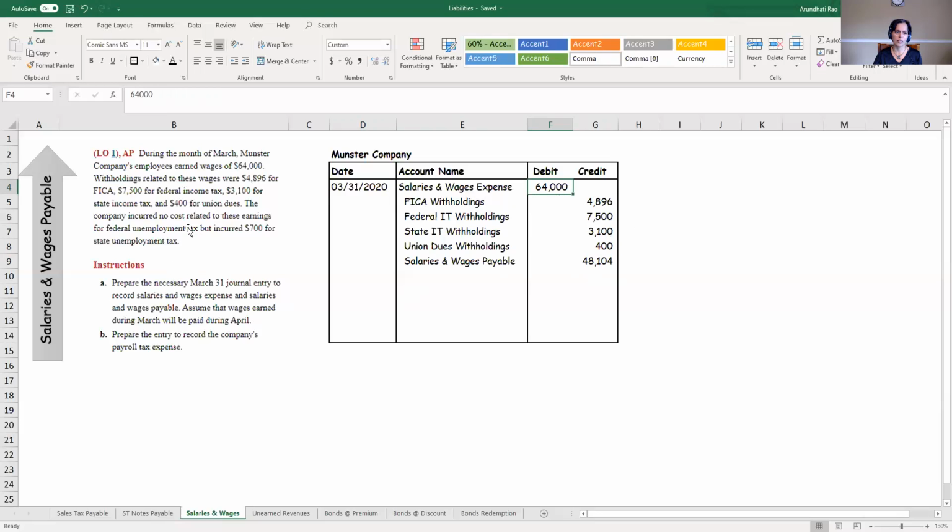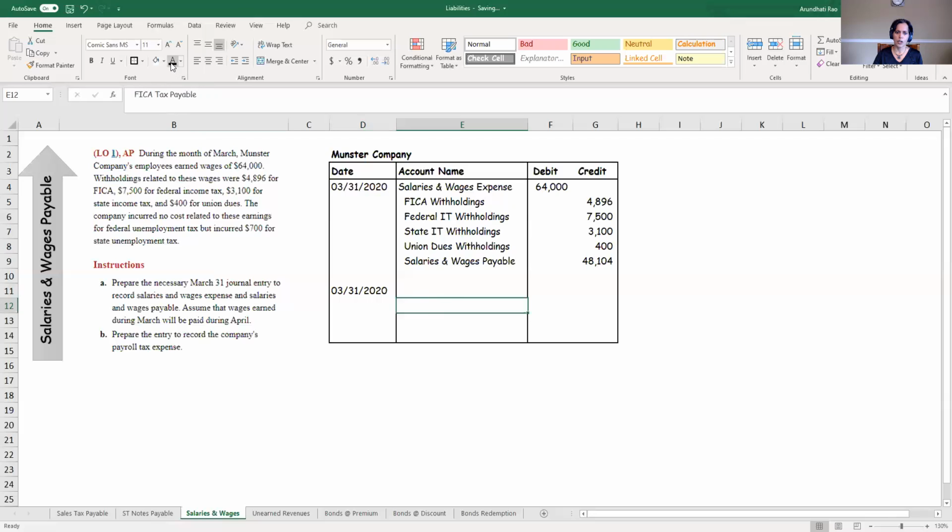Okay, now they also tell us that we have unemployment tax of 700. Unemployment tax is always paid only by the employer, not the employee. That's not something we pay out of our individual paycheck as employees. This has to be paid by the employer. So this money is going to be paid out by the employer, the unemployment tax.